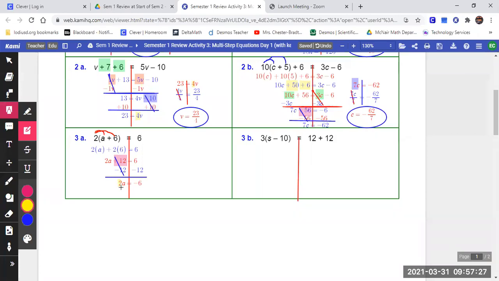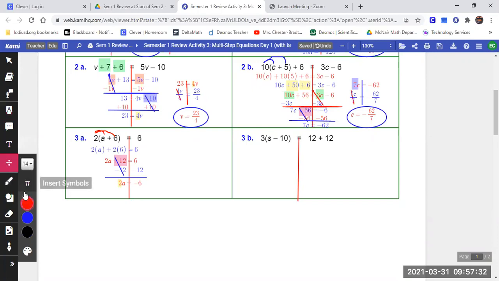Yes. So now we have to do big 1. We have to move that 2 out of there. What are we going to do to move that 2 out of there?